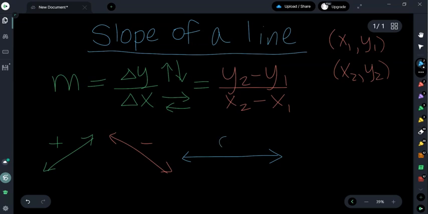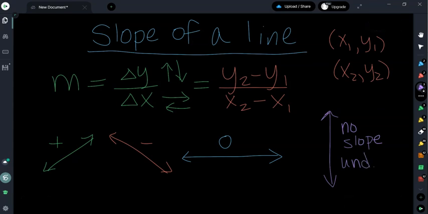I'm just going to make it a regular 0. I don't want it to look like the empty set for any of you doing set theory. And we have the vertical line, which has no slope. This one has no slope, or we also call this undefined. It is technically an infinite slope as well.